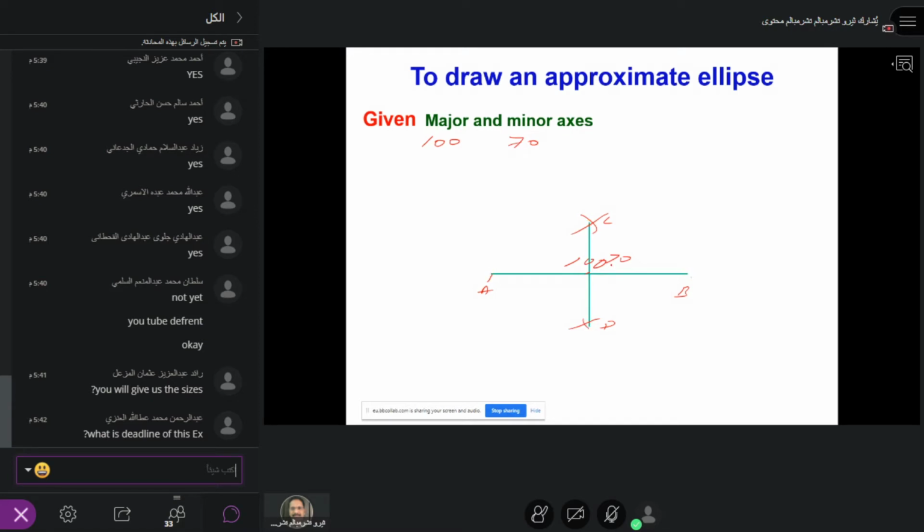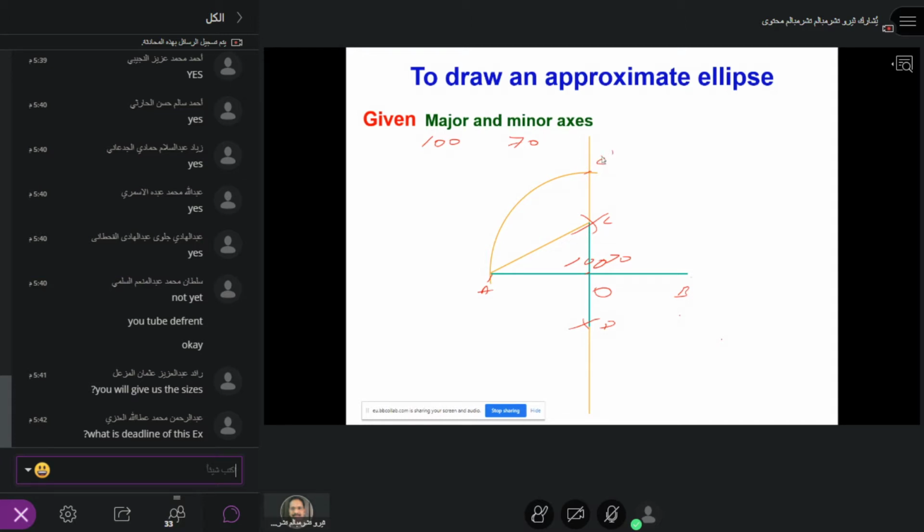The next step is to join A and C, and then extend the CD line. Now take O as the center, OA as the radius, and draw the circle. It will cut here, let's say C dash.